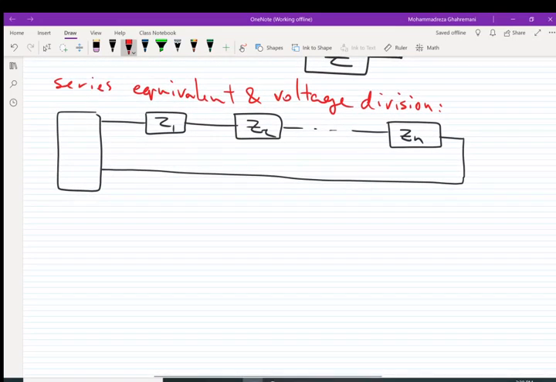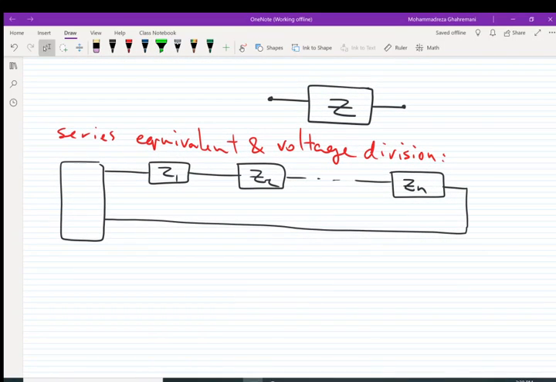If we have components connected in series, we have a voltage across all of them, a current going through the entire circuit, and each element has a voltage across it: V1, V2, and Vn.